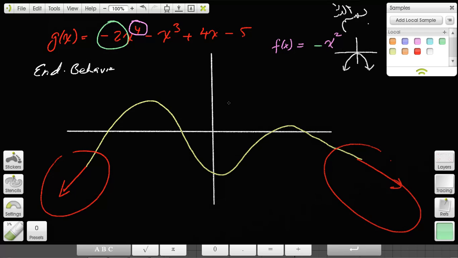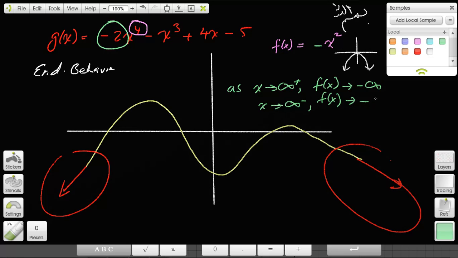Now how do we put that in mathematical language? You say as x goes to positive infinity, f of x goes to negative infinity, because it's behaving like this. And as x goes to negative infinity, over here on the left side, f of x is going to go to negative infinity.